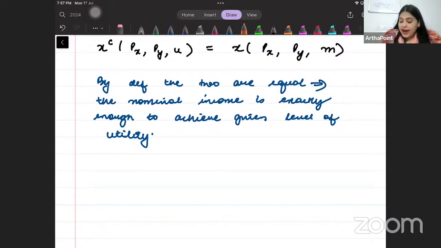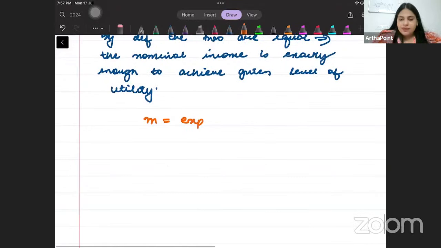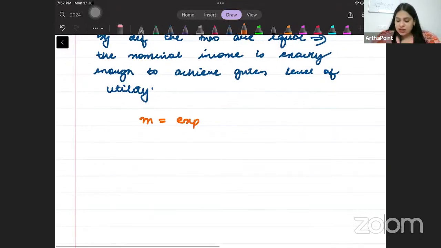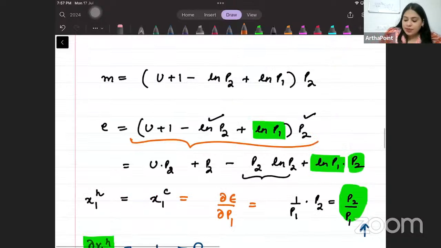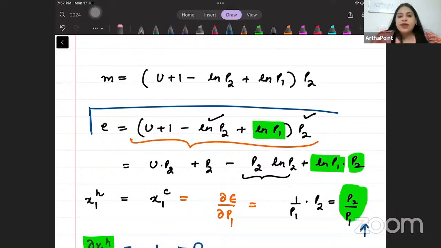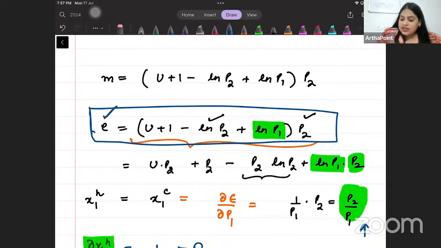We know that income is nothing but expenditure. जितनी income होगी उतना ही तो खर्चा कर सकते हैं. We are always on the budget line. So income is nothing but the amount of expenditure that you do. And if you remember, when we write things in terms of expenditure, जैसे यहाँ देख लो एक बारी, ये हमने expenditure function बनाया था ना यहाँ पे. This is the expenditure function, right? So when we write expenditure function, बेटा ये किस चीज का function है? It's a function of utility and prices. Expenditure is always a function of utility and prices.